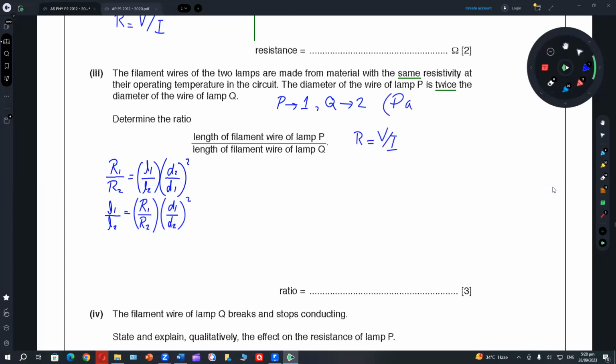Remember, P and Q are in parallel. So can you now tell me how to tackle this R1 upon R2?